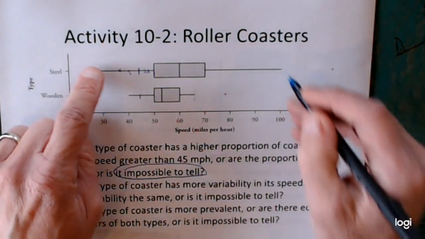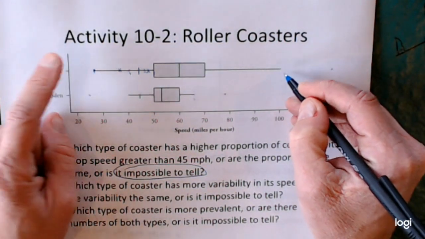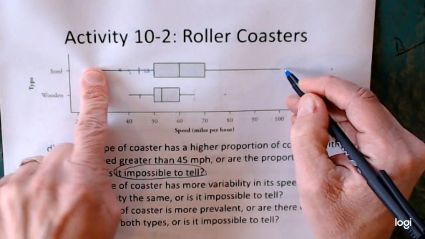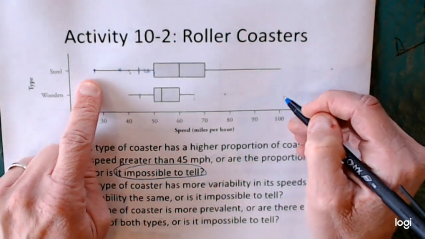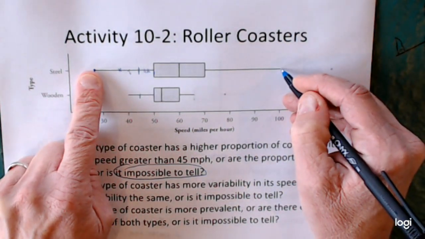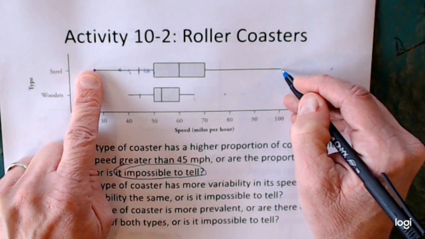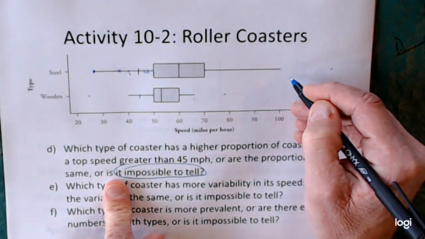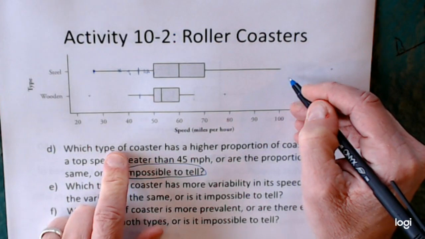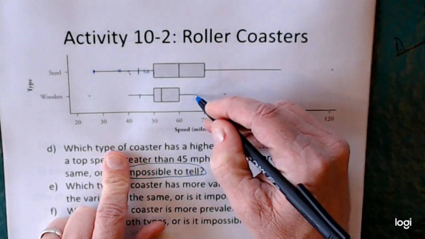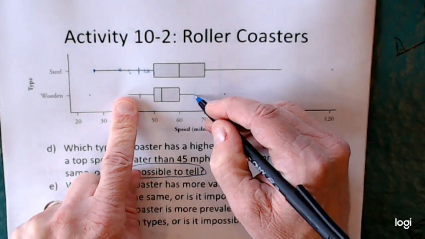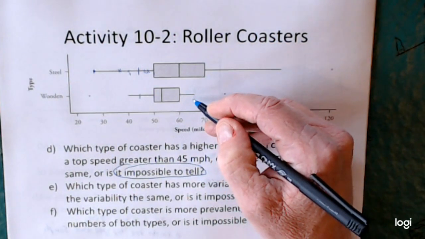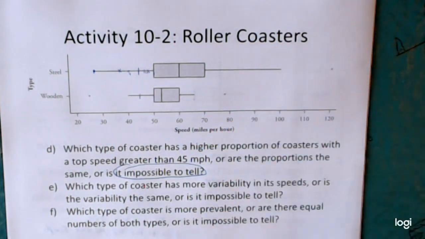The steel coasters range all the way from 25 miles an hour top speed up to 100, so the range is about 75 miles per hour. The range of the top speeds of the wooden coasters is between 40 and 65, so it's about 25 miles per hour. So in terms of the range, the steel coasters have a greater variability.